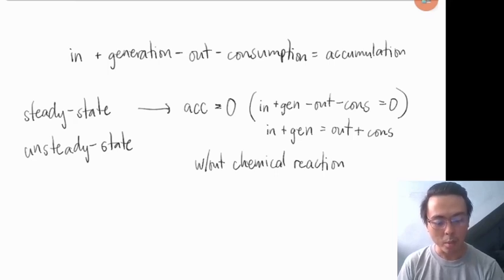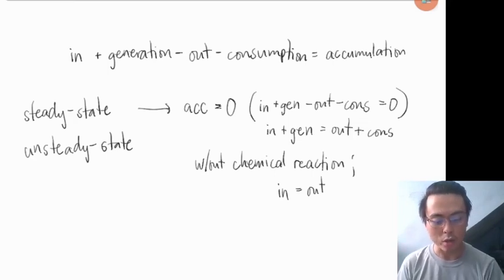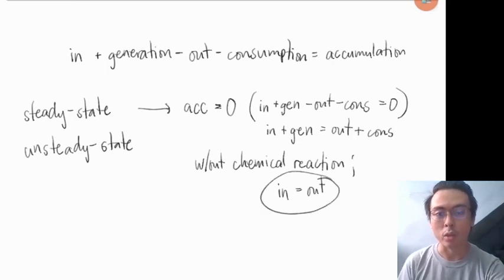So your material balance would only simplify to input equals output, which brings us to the main tenet of the law of conservation of mass. Okay, so for the first part of our discussion, or the first half of our term, we will be dealing with processes without chemical reactions. So this equation is the one that we will be using.